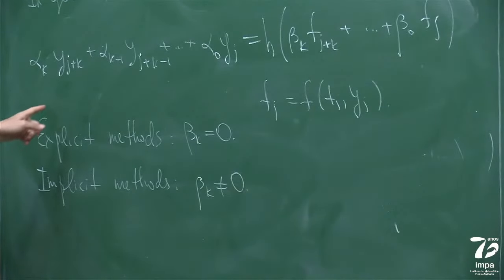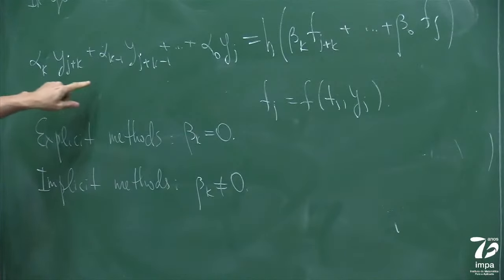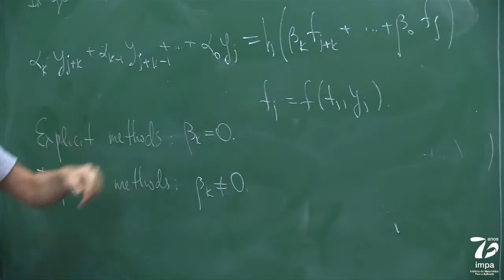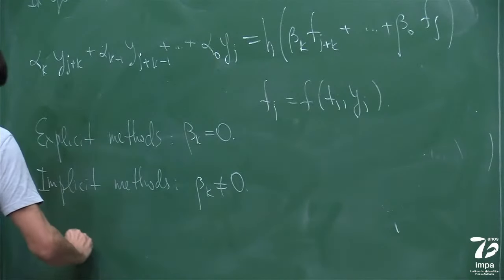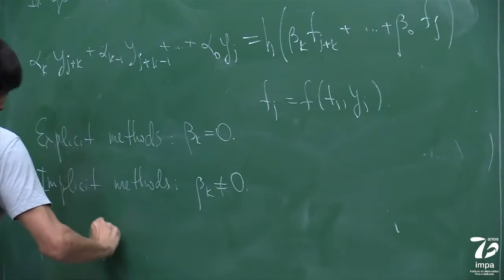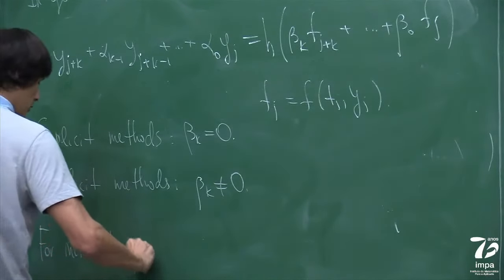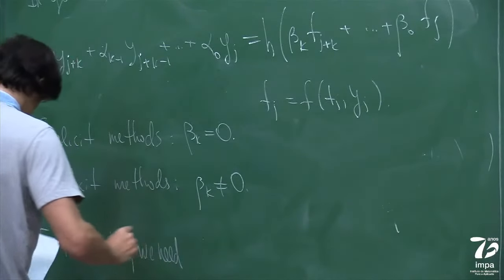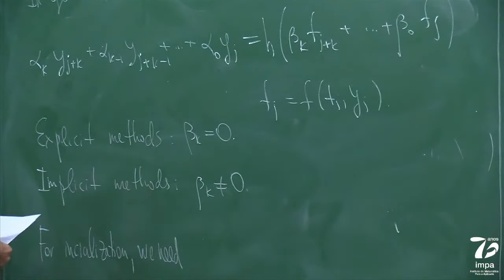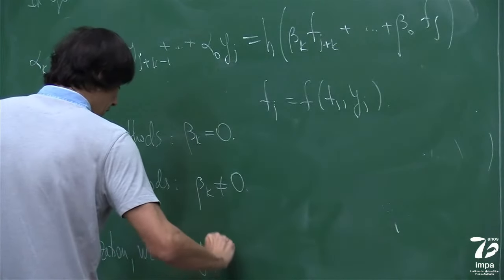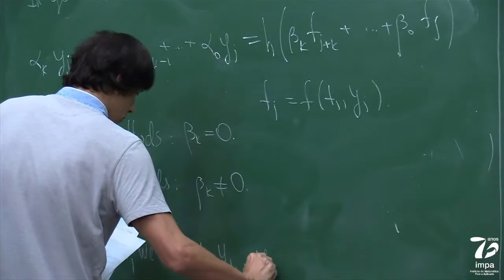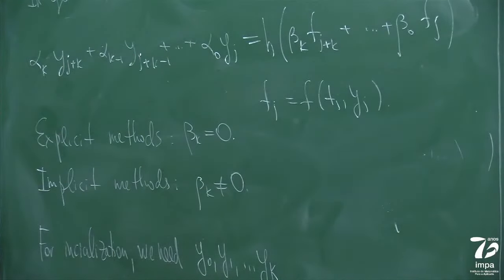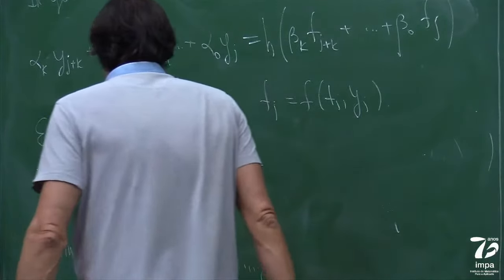And of course, it's a k-step method. So in order to make the first step, you need to have k previous values. So usually for initialization we need, what? K minus 1? Yeah, so we need k values.